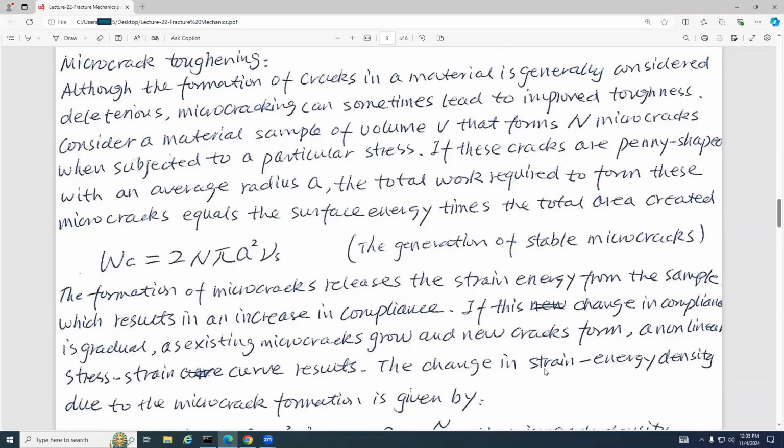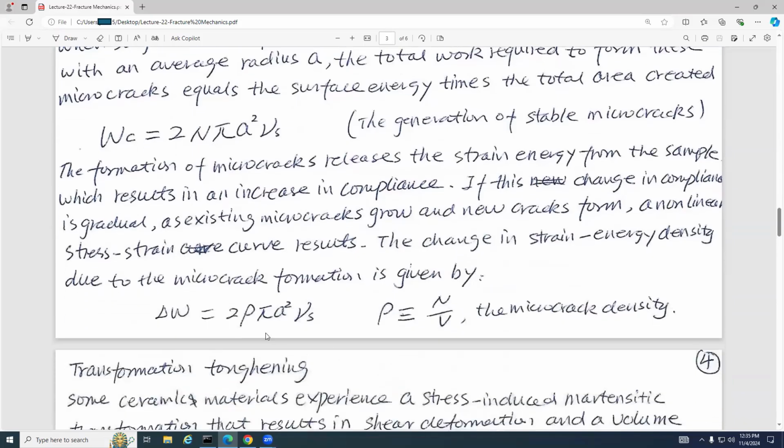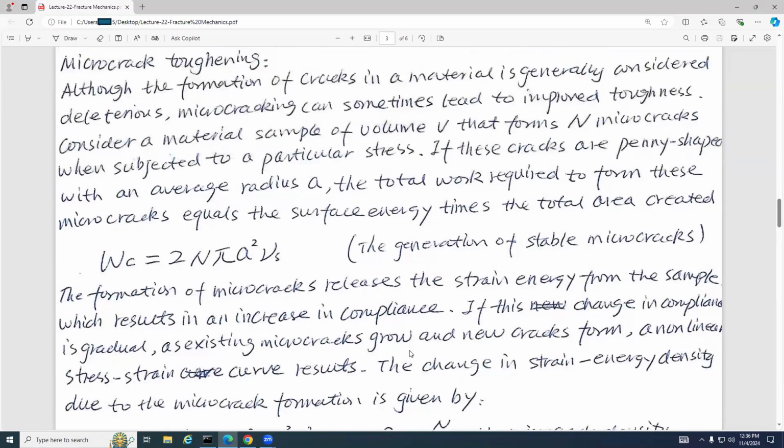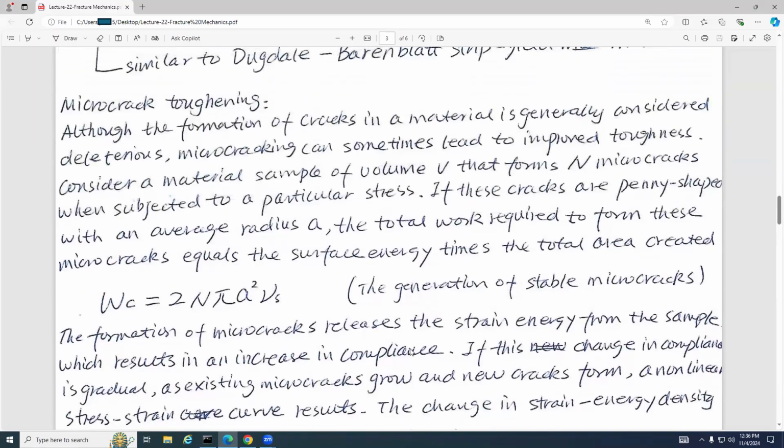So the change in strain energy density due to the microcrack formation is given by this one. Capital N is the number of these microcracks. So you need to have this delta W first. So this is for microcrack toughening here.